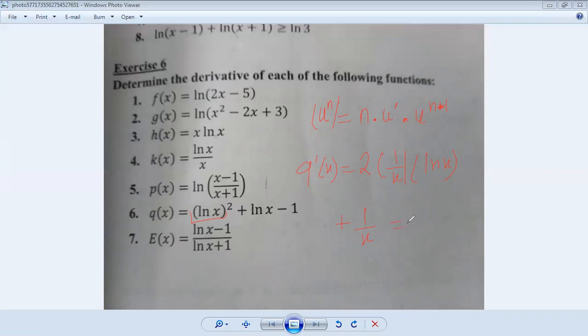Then we have 2 times 1, 2 ln x over x plus 1 over x. Then we can write this as 2 ln x plus 1 divided by x.